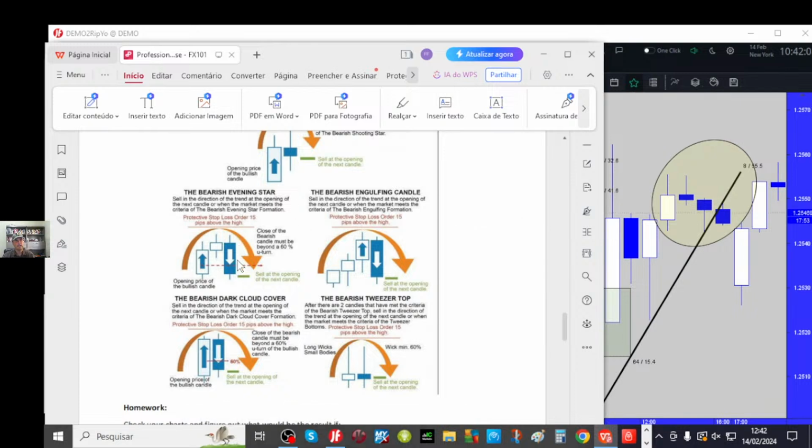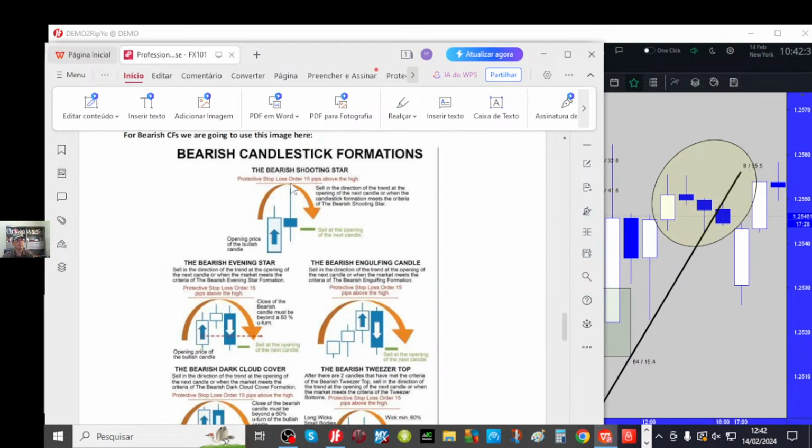Bearish evening star. I have a problem because it should be bearish big decision compared to the bullish, and this is smaller, plus bullish pressure. Engulfing, I have a problem. I don't see any bearish big decision eating all the others. Bearish shooting star. Speculative, right?